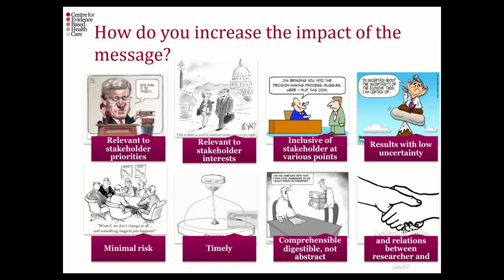And given that decision makers, so many lives are often dependent on the decisions that our policymakers and practitioners are making, they want to also weigh the risk of moving forward with a potential intervention. And so the less risk there is, the better. And if there is high risk, the more information you give about how to balance those risks, the better it is for you.